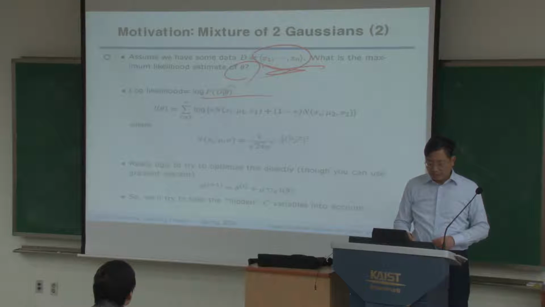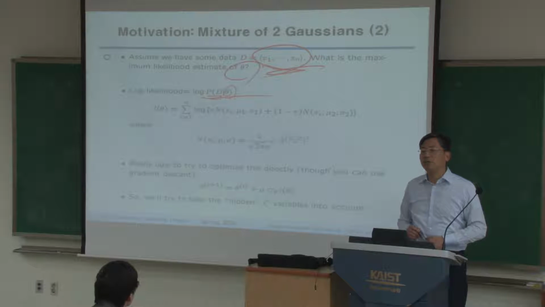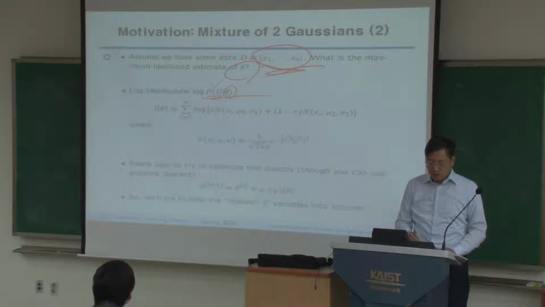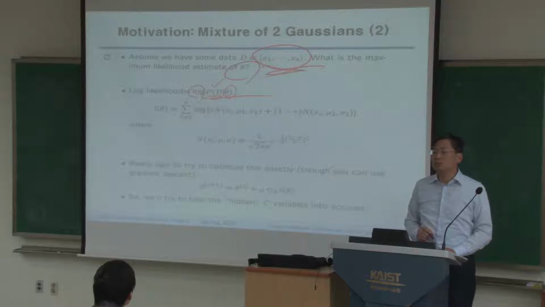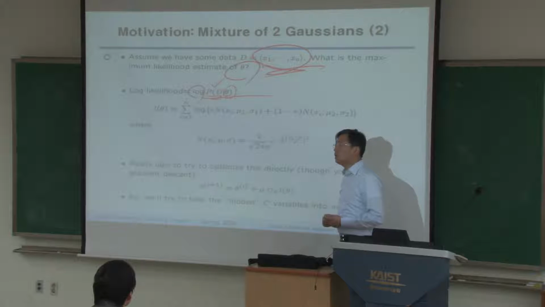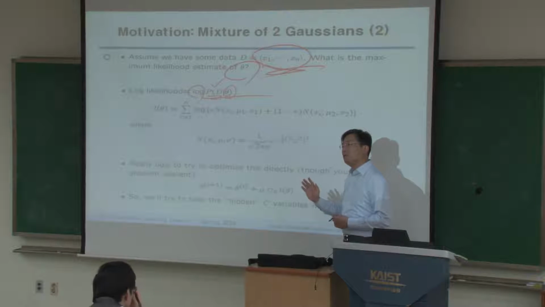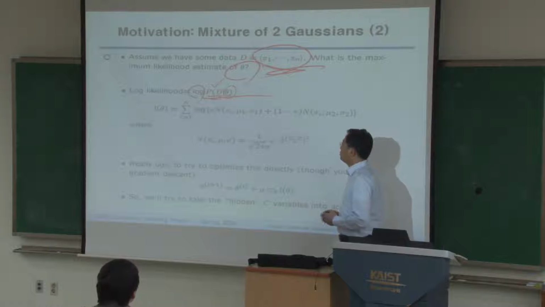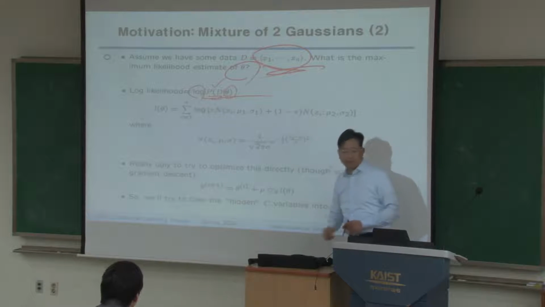We want to estimate theta such that the probability of the observation is maximized. Or we could put a log there, okay? Because log is a monotonically increasing function, the position of the maximum doesn't change. So if you do that, you get that.